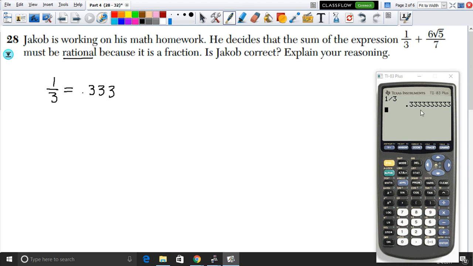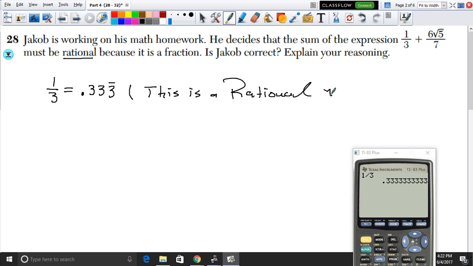Notice that this is equal to 0.333, and the 3 keeps repeating, so I'm going to put the little hat on top. Now, this is a rational number. Why is it a rational number? Well, this is a rational number because the decimals repeat.